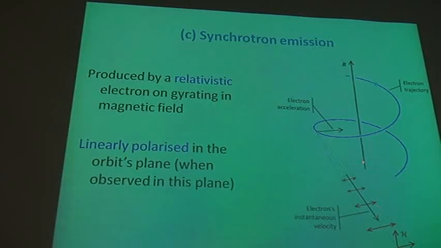So, if such a particle enters a magnetic field, it starts gyrating around the magnetic field. Since it has acceleration, it emits radio waves. And the emission will be polarized. When you average over trajectories of many particles, the total emission will have the polarization plane orthogonal to the magnetic field.